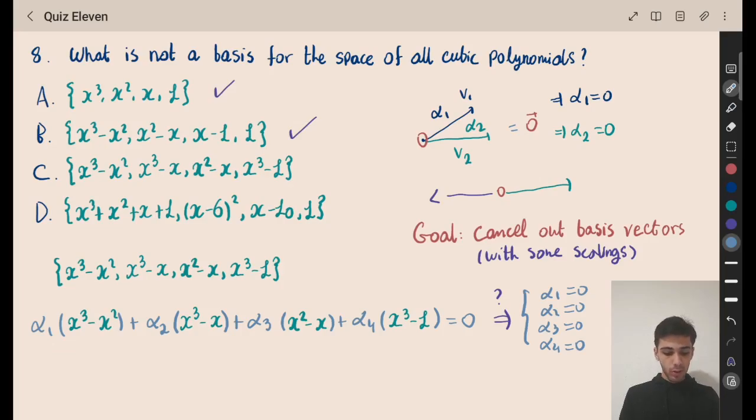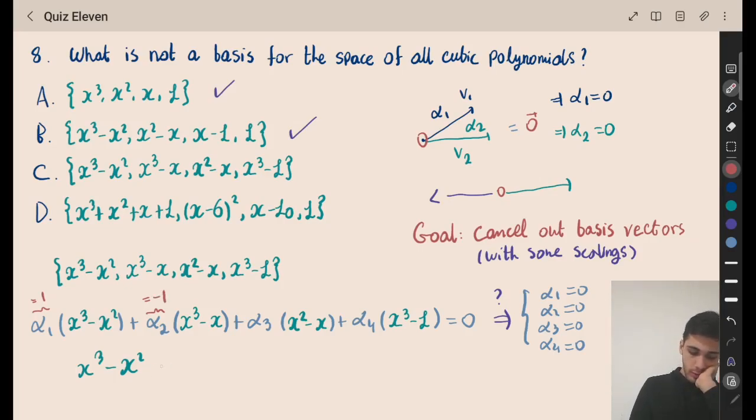Let me focus on eliminating the x cubed here. So let's say I choose x cubed minus x squared. I'll choose alpha 1 to be 1. Why not? And here I have an x cubed. To cancel out this x cubed, I'll choose this alpha 2 to be minus 1.